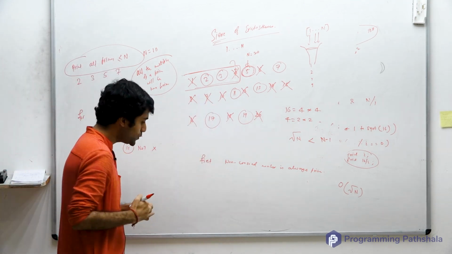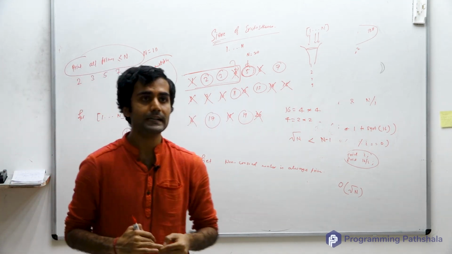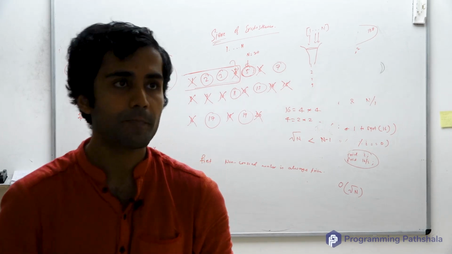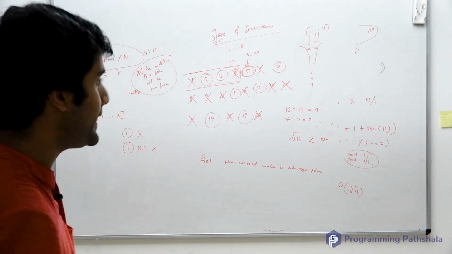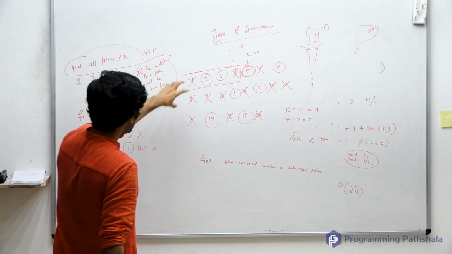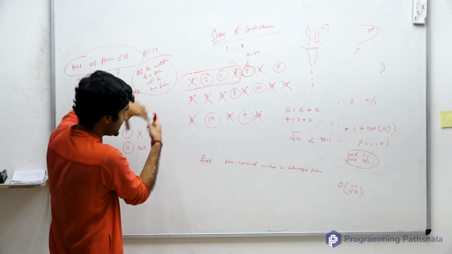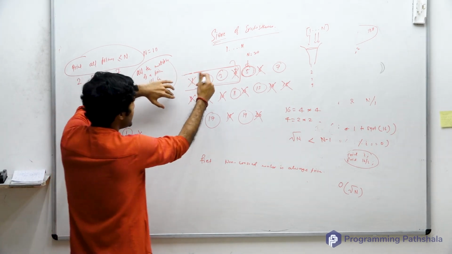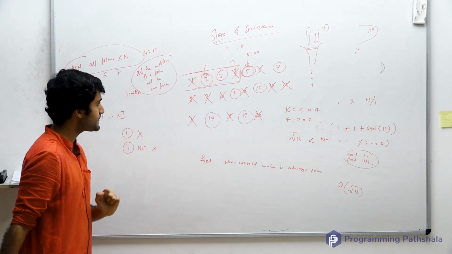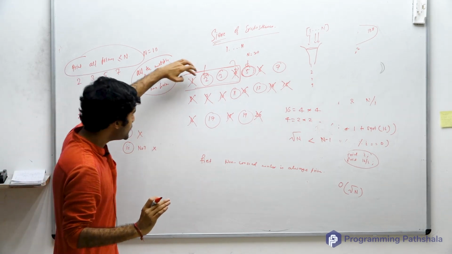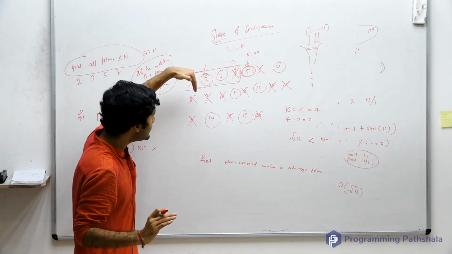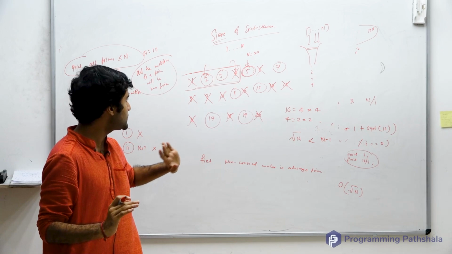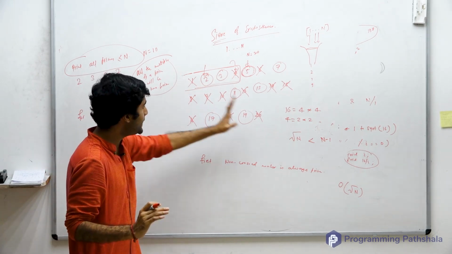So tell me one thing. Now let us try to comment on the time complexity of this algorithm. Let us do that one by one. This 1 is trivial because 1 was cut initially and then I started my journey from 2. So when you were at 2, you ended up cutting all the multiples of 2 from 1 to n.